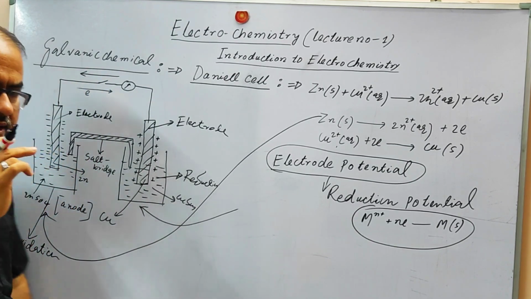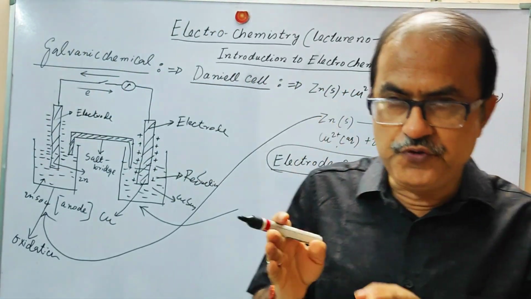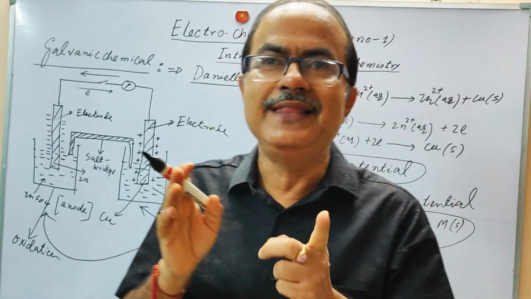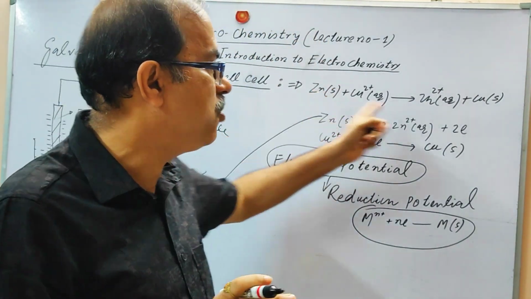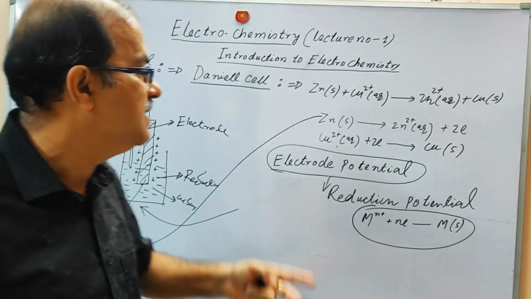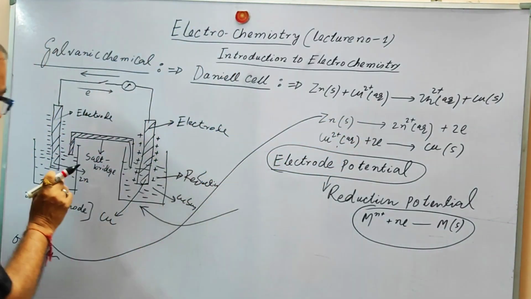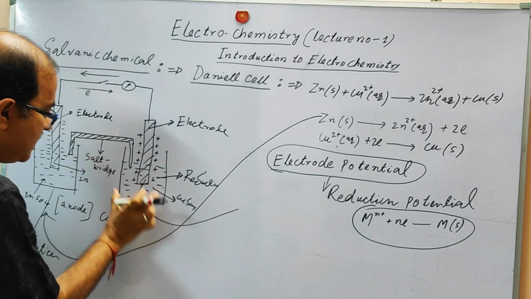So now we understand how the arrangement has been made so beautifully and so intelligently, that we utilize the redox reaction. This is basically the redox reaction that happens in these two steps, two half cells. This is the total cell, and this compartment is one half cell and this is another half cell.